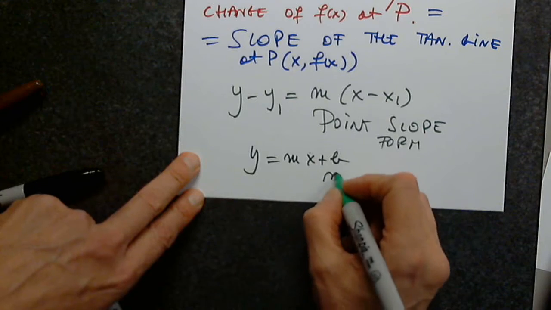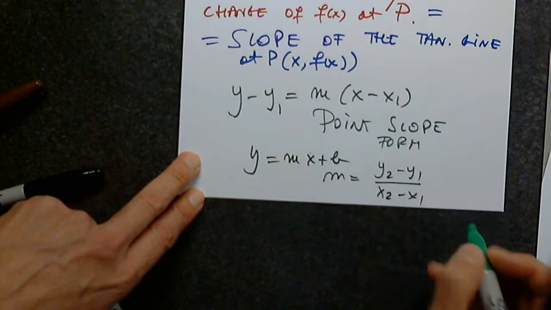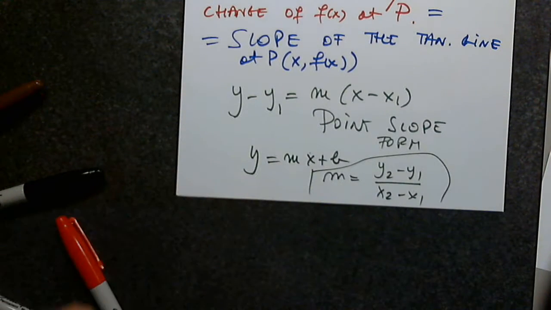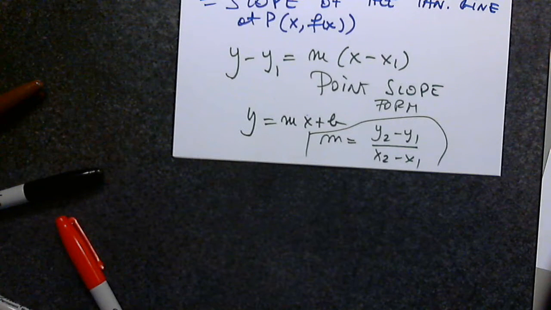But what I'm really interested in is the slope being y2 minus y1 over x2 minus x1. This is what I'm after, but I just wanted to remind you of all three together. In order to find the slope of that line, I need 2 points, algebraically, to find the rise and the run with this formula. But I only have 1 point.